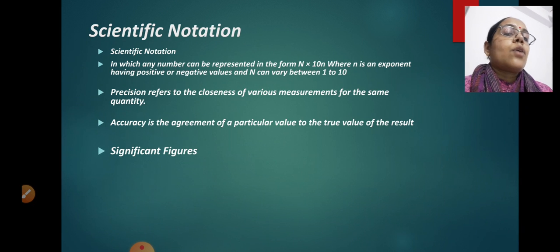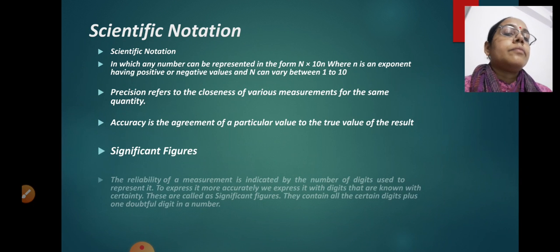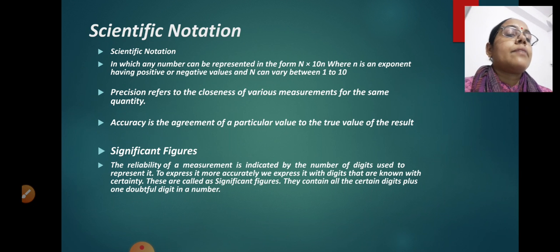Now there is another topic, significant figures. See, what is a significant figure? The reliability of a measurement is indicated by the number of digits used to represent it. To express it more accurately, we express it with digits that are known with certainty.